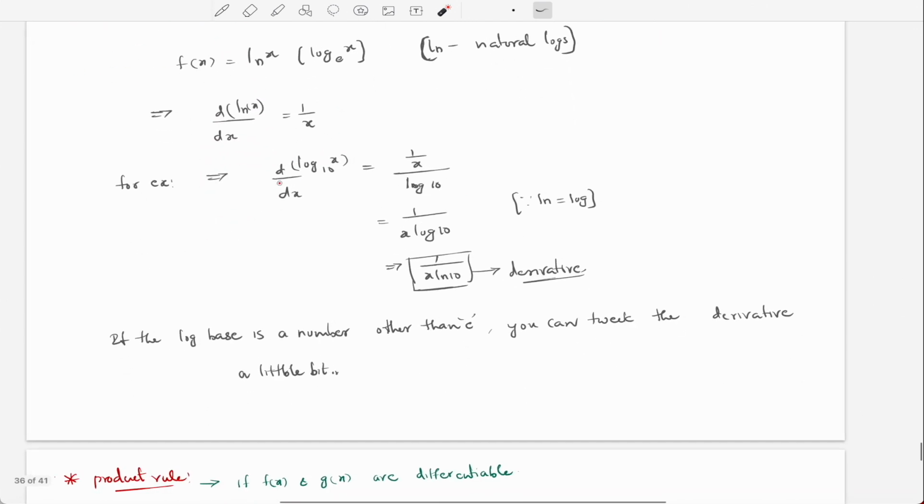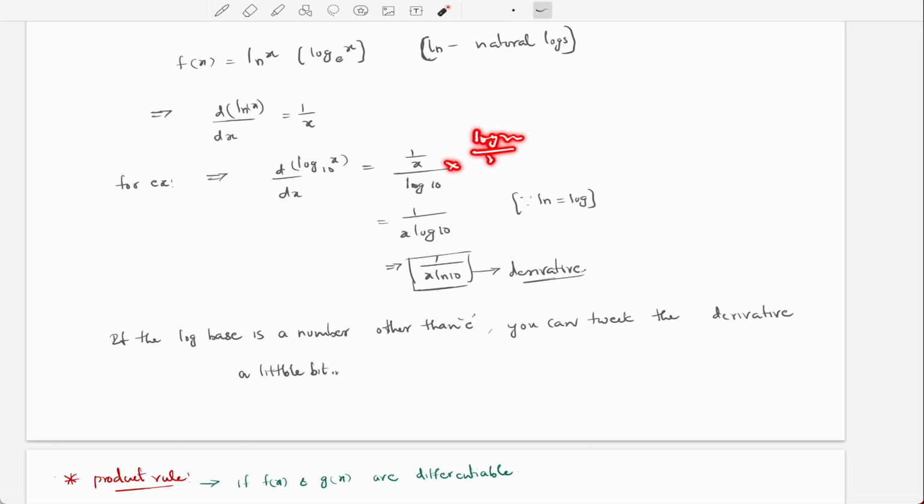So for example, I have log base 10 of x. I just want to find its derivative, and we have log 10 over here. It will become x log 10, and the derivative becomes 1 by x log 10.